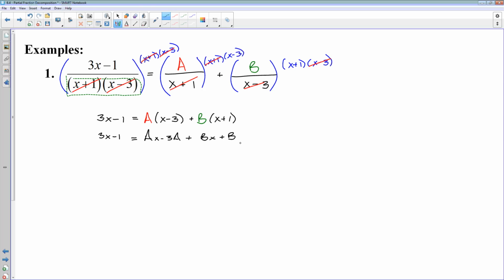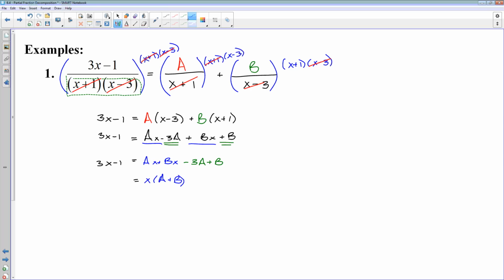I have an x term here and an x term here, so I'm going to put Ax plus Bx together. And then terms without an x, I have a negative 3A and a positive B, so I'll put minus 3A and a positive B together. The right side is still 3x minus 1. And then out of this first set, I can factor out x, so I'll have x times A plus B.